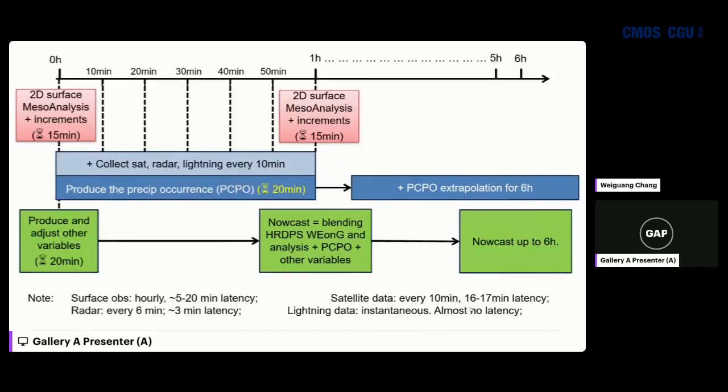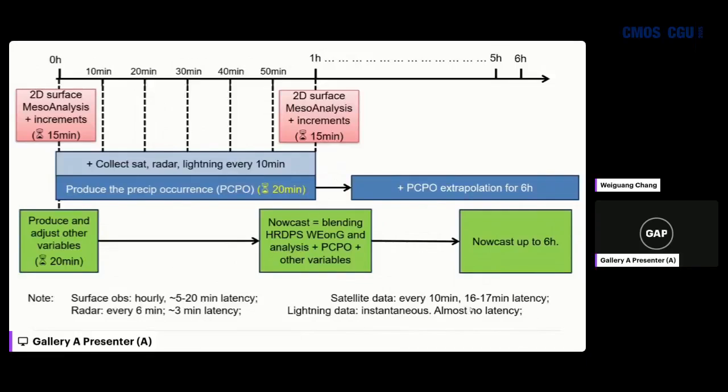So we try to combine those data, and then we produce a new variable, which is called PCPO, which is the precipitation occurrence. That variable has a delay of 20 minutes. The delay is mainly caused by the delay of the satellite.